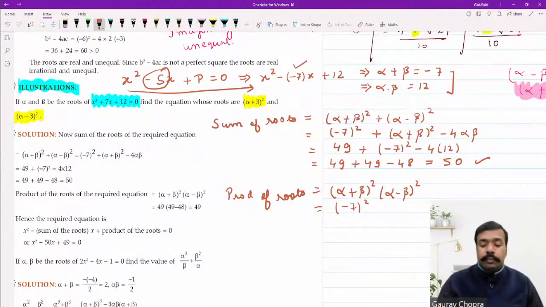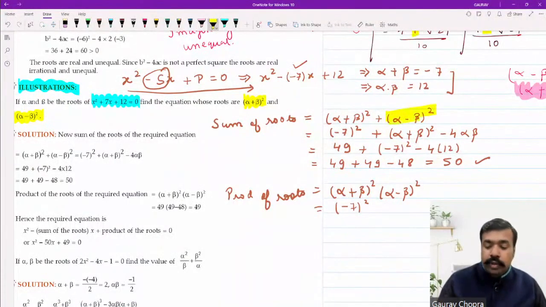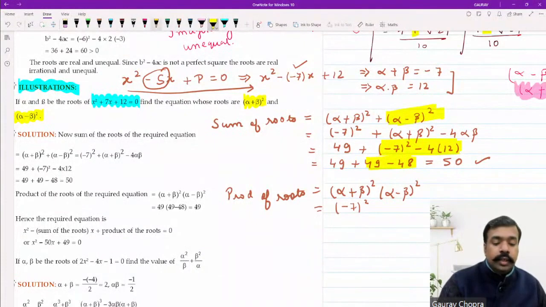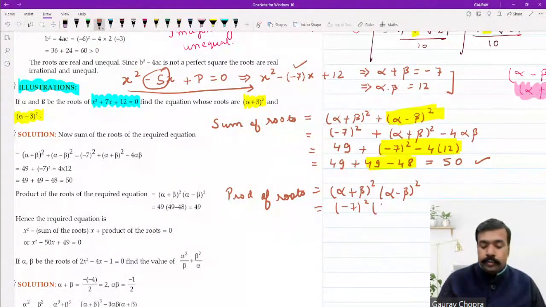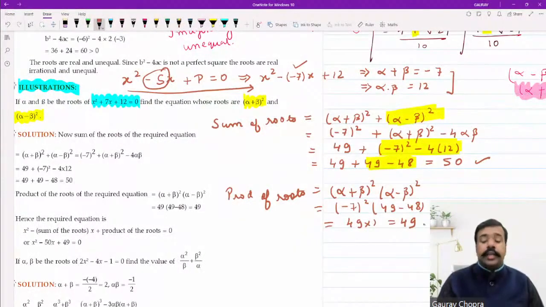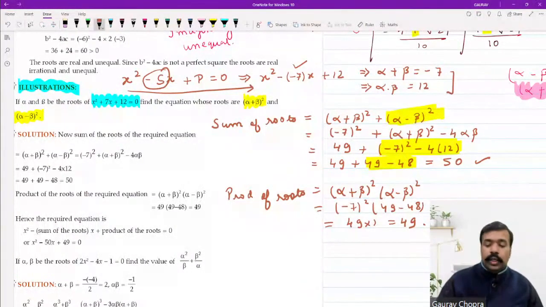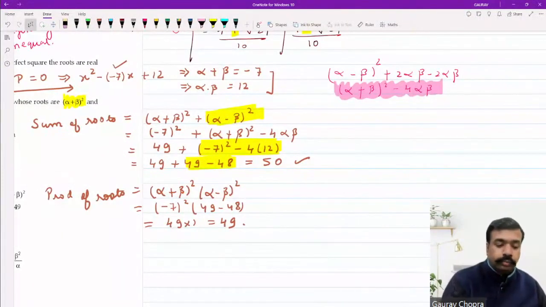And for alpha minus beta whole square, we can substitute this whole thing, that is 49 minus 48. Now it comes to 49 multiplied by 1, that is 49. This is the product of roots. So first we found the sum of roots and then we calculated the product of roots. Now let's come to the required equation.